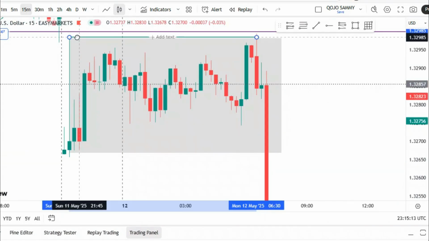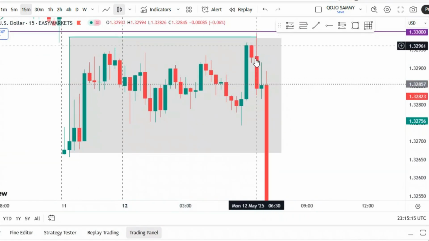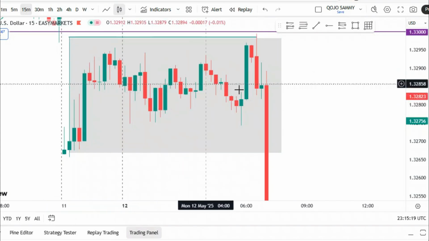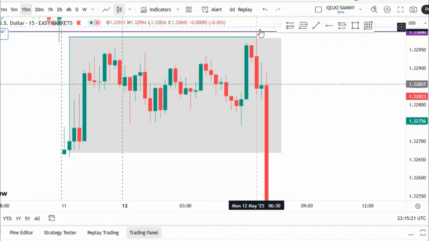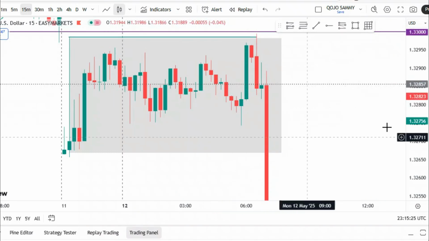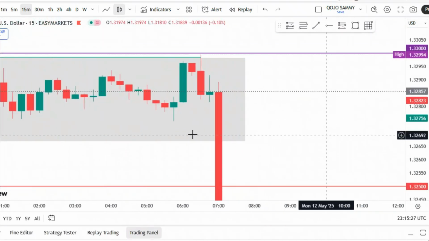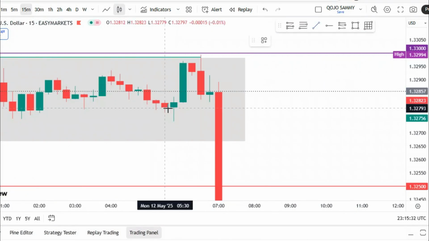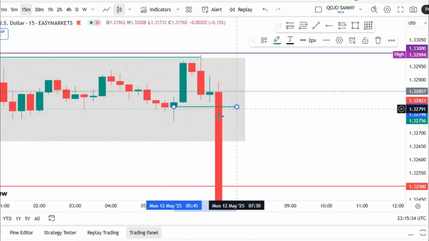When price taps above it and closes below it, it means there are orders over here that were being accumulated, and now price has taken those orders. And if this is a valid liquidity sweep, it has to close its candle below this last price closing.